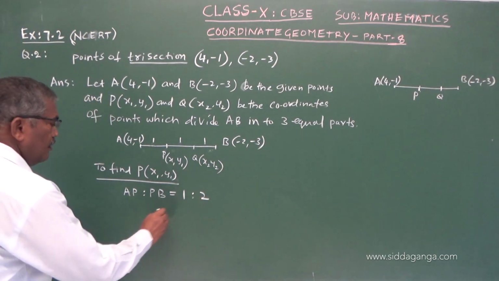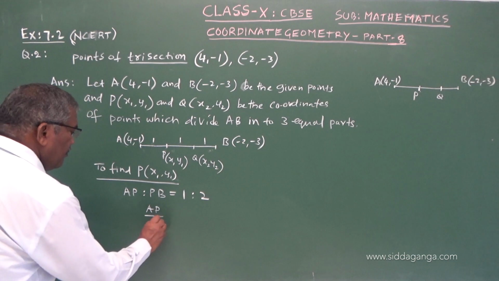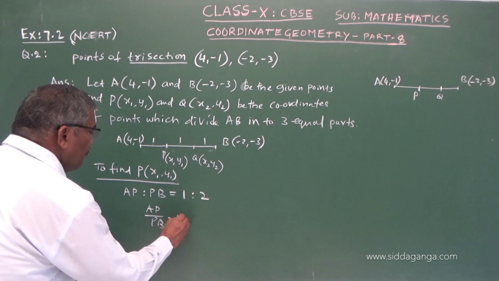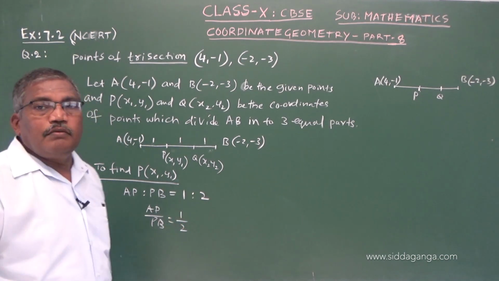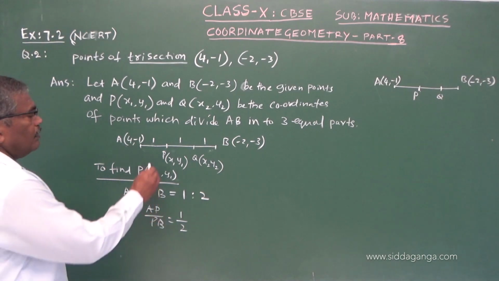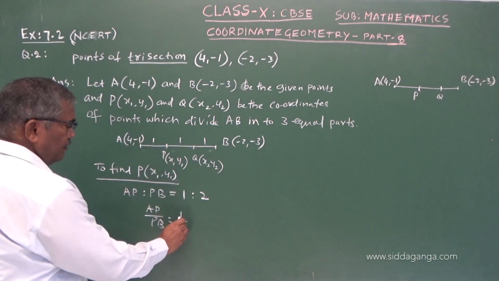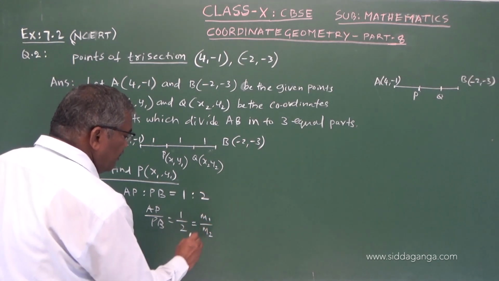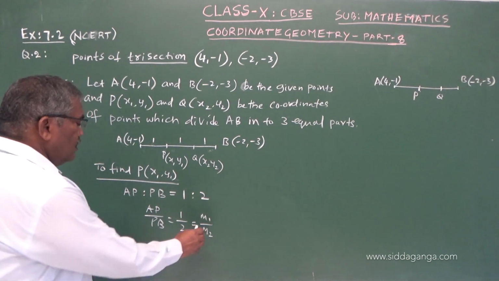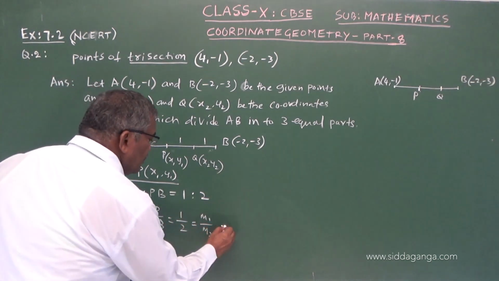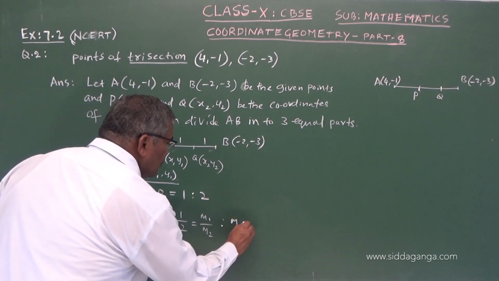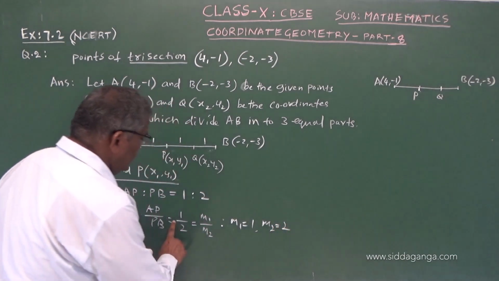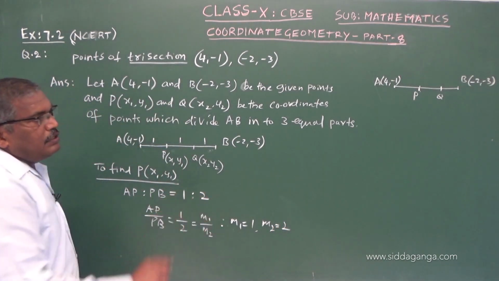So AP by PB equals 1 divided by 2. So here m1 equals 1 and m2 equals 2 in this case. This is m1 and this is m2.